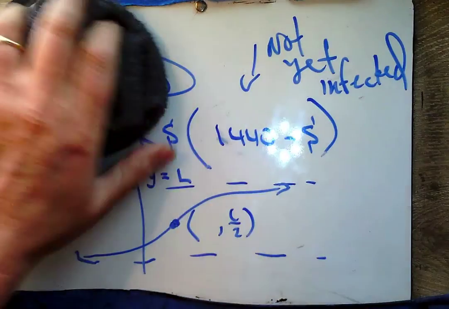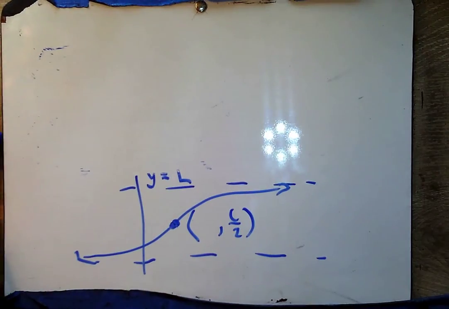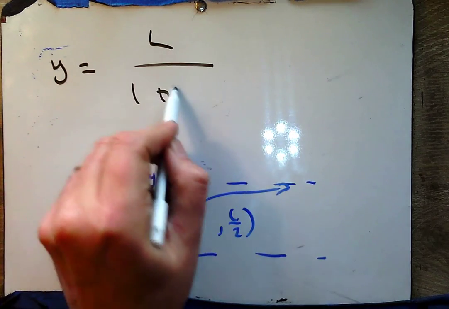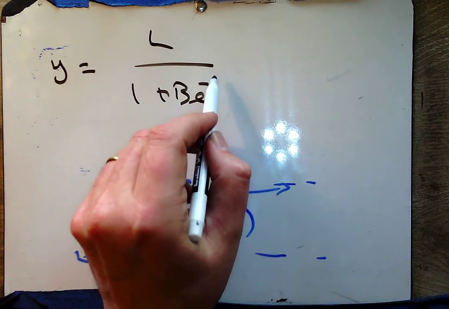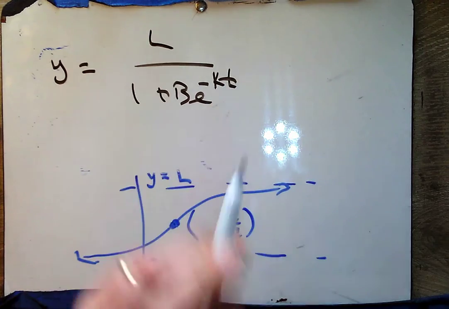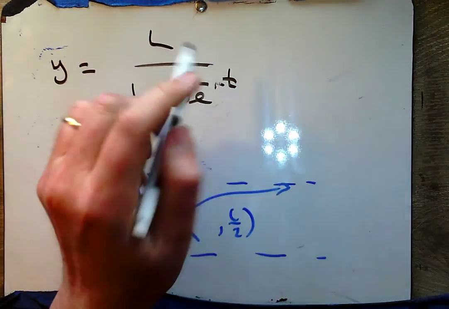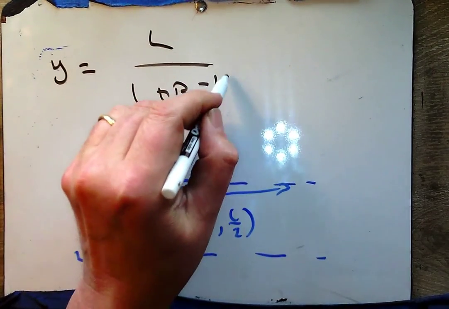So, if we have a logistic model, like the one we derived, was it L over 1 plus B e to the minus LKT, so you just do that right there. I'm going to go with LKT.